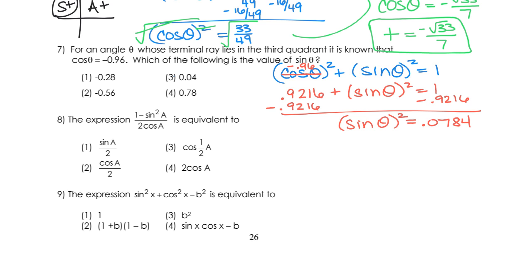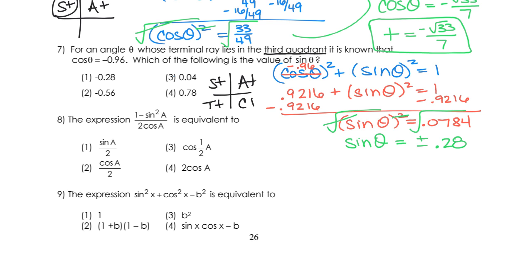We'll square root both sides, and sine theta comes out to equal positive or negative 0.28. Because they told us this was in the third quadrant, all students take calculus: in the third quadrant, tangent is positive, and therefore sine must be negative. So we'll go with negative 0.28, which is choice 1.